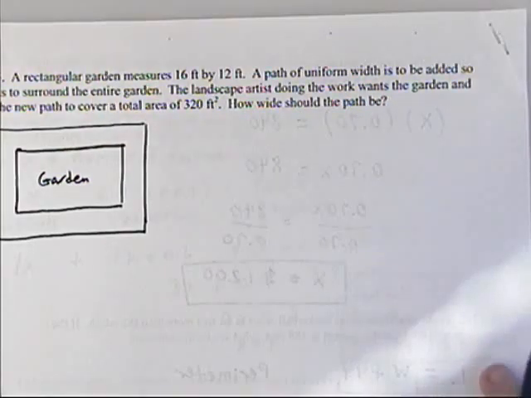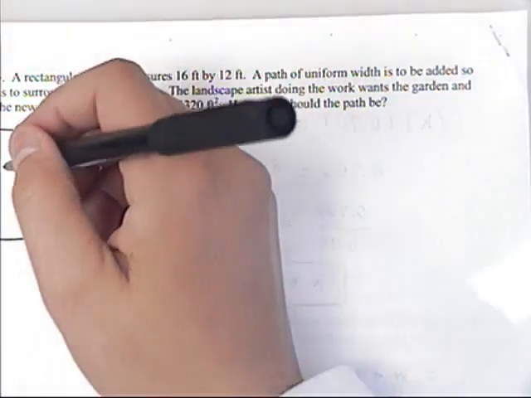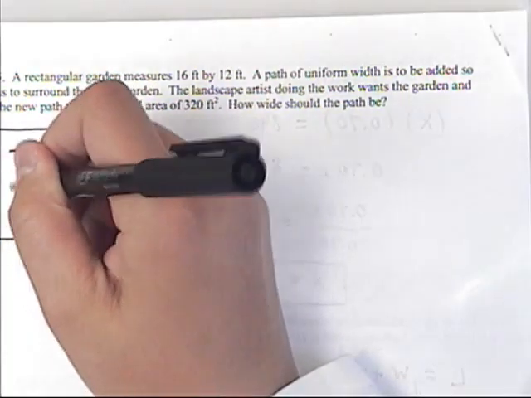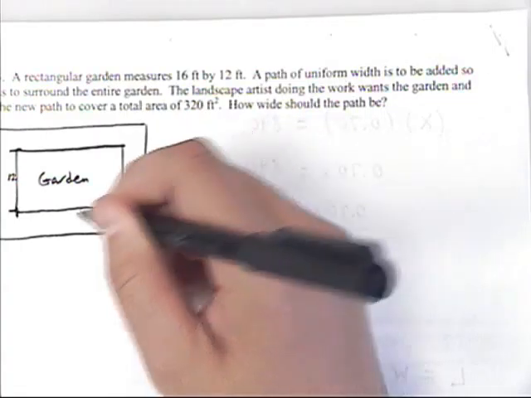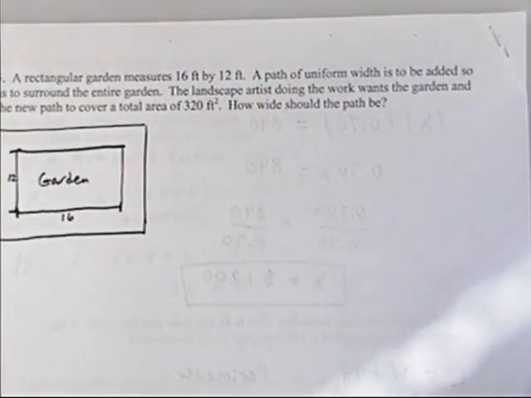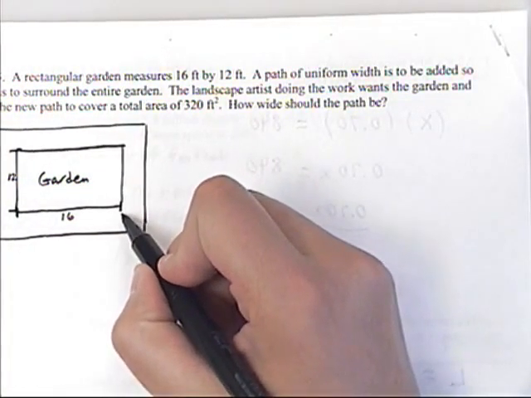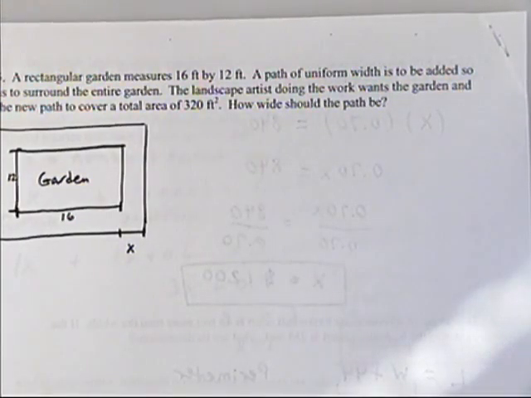It says that the garden measures 12 feet by 16 feet. So this distance here is 12, and from here to here would be 16. Now, we don't know how wide the path is, but we do know that it's the same width all the way around. So from here to here, the path is x units long.